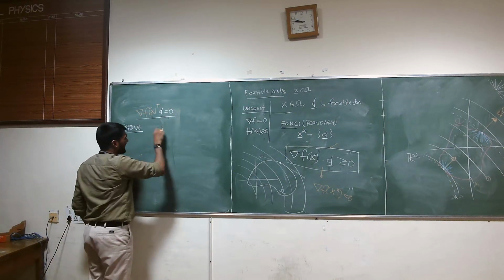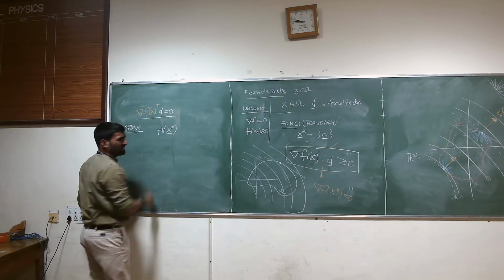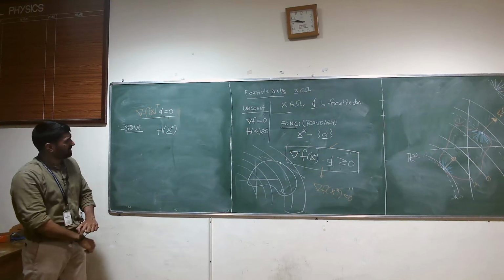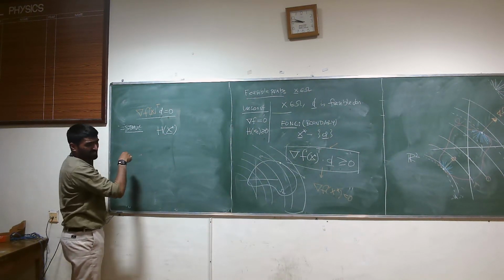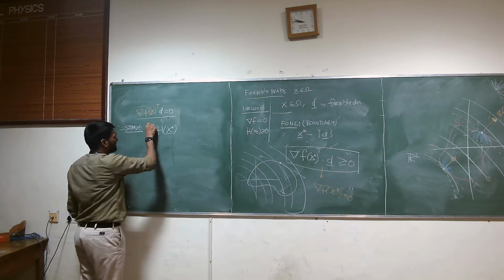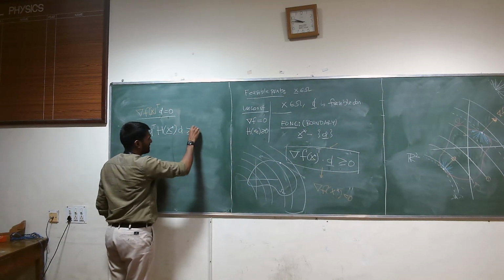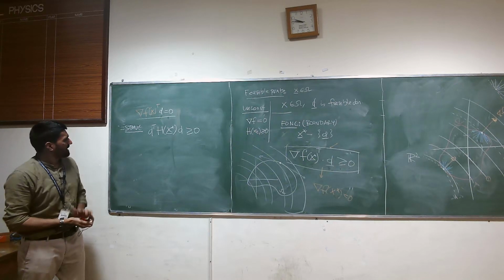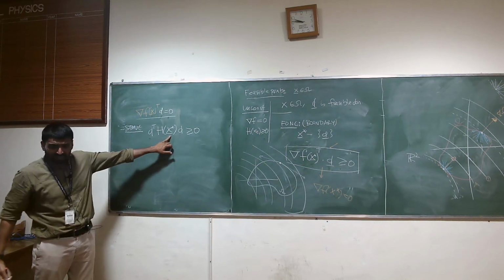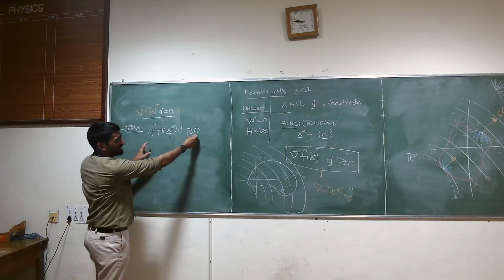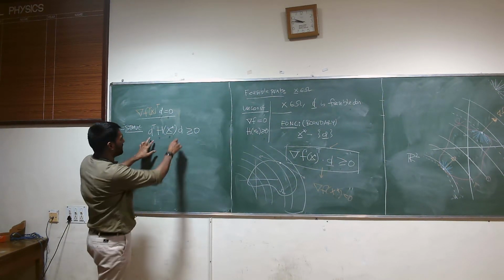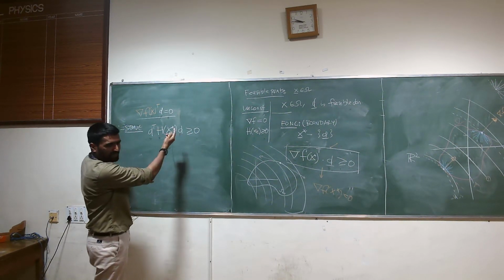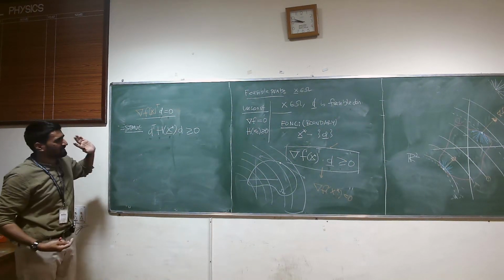If h of x is the Hessian at this point, then if d is any feasible direction at x star, and if this is always greater than or equal to 0, that means h of x is positive semi-definite with respect to all the feasible directions.